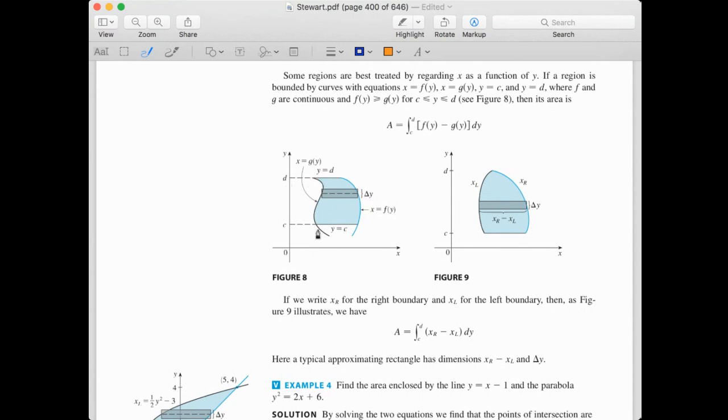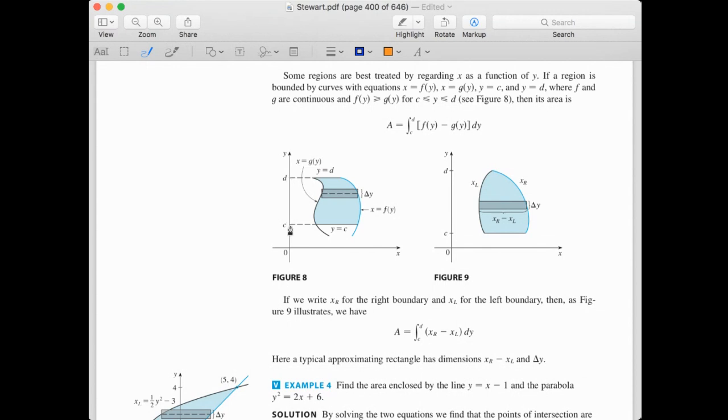The left-hand side and the right-hand side, we can consider as functions of y. So this is another situation. In this situation, we just cut the rectangle horizontally. If we flip this 90 degrees, the idea is still the same as before.